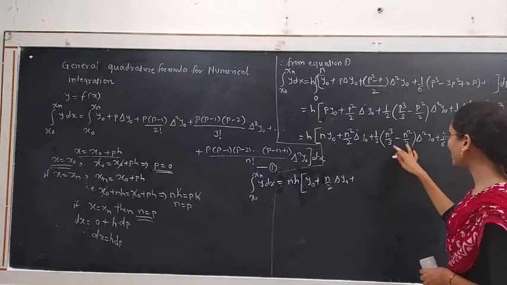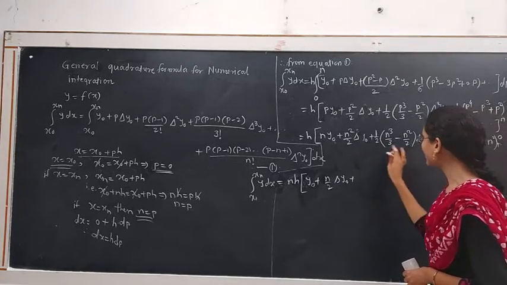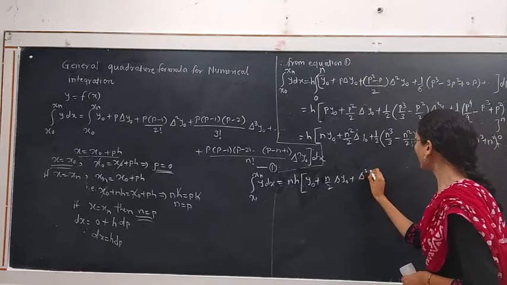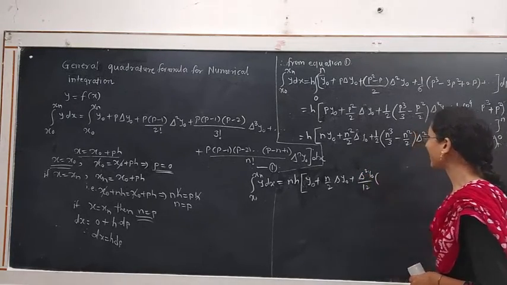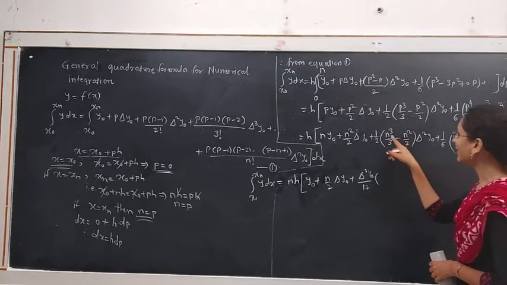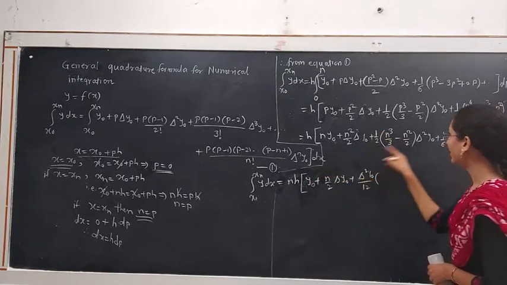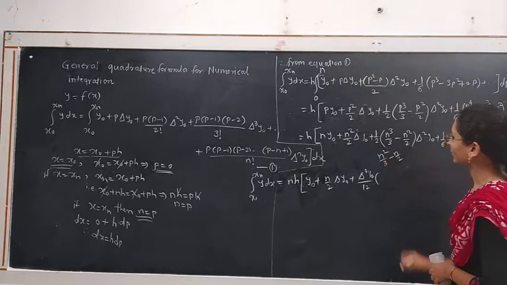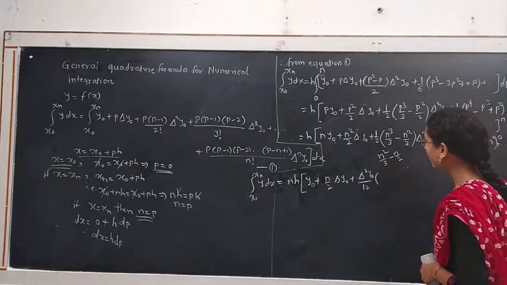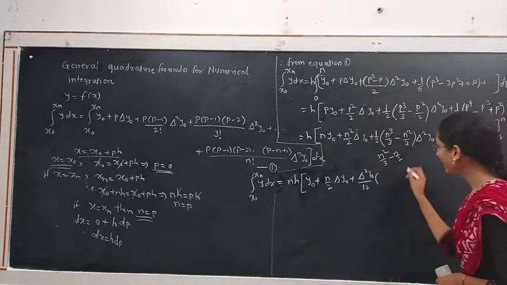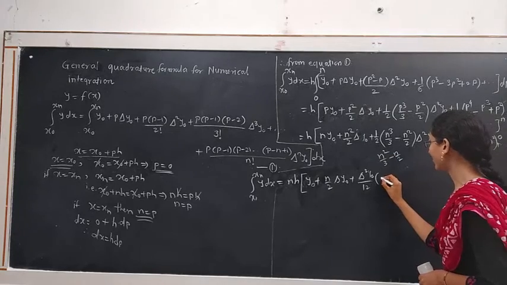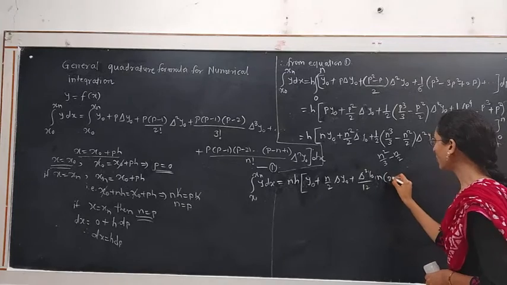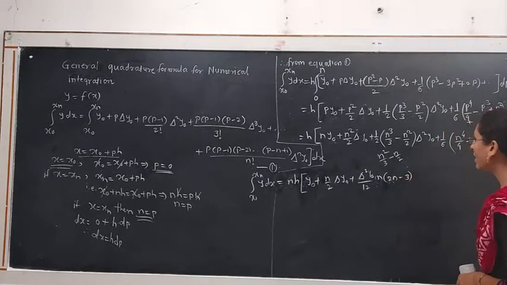LCM of these two terms is 6 and 6 into 2 is 12, means denominator is 12, del square y0 upon 12 in bracket. This will be 2n square, because n is common, hence this is n square upon 3 minus n upon 2. After taking least common multiple of these two terms, we get 2n square minus 3n, and again we take n common, that means 2n minus 3.